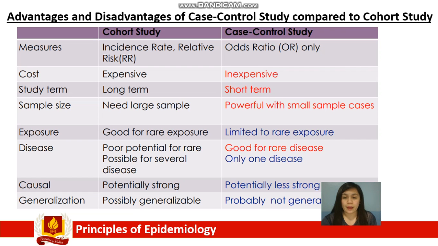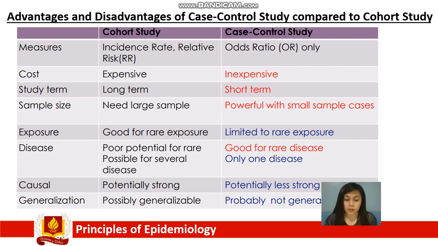Here are the advantages and disadvantages of case control study compared to cohort study. The measurement used in case control study is odds ratio only, while in cohort study they use incidence rate and relative rate. Case control study is also inexpensive and short in term compared to cohort study.